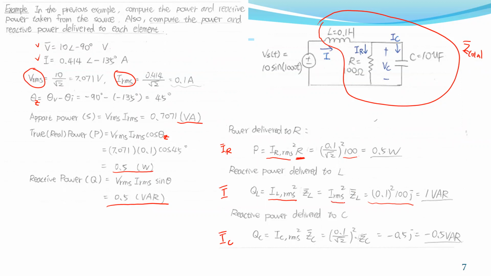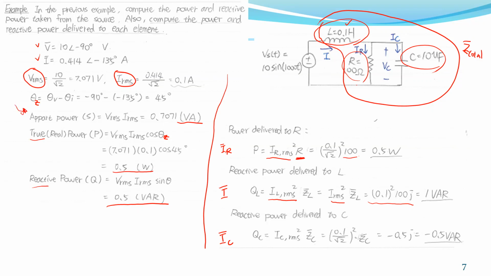Another thing to notice is that we calculate the power delivered to these three elements: the resistor, the capacitor, and the inductor. For the left part, we calculate the overall power: true power, reactive power, and apparent power.